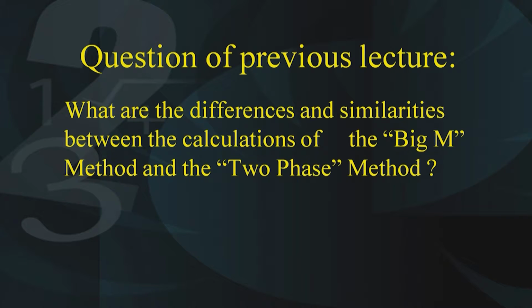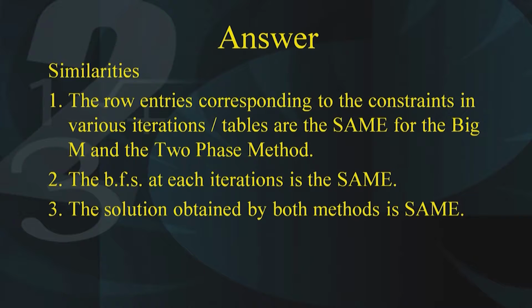I am sure you must have tried to answer this question by comparing the calculations of the various iterations or the various tables that you have during the calculations of the big M and the two-phase method. Now, the answer lies in the following.